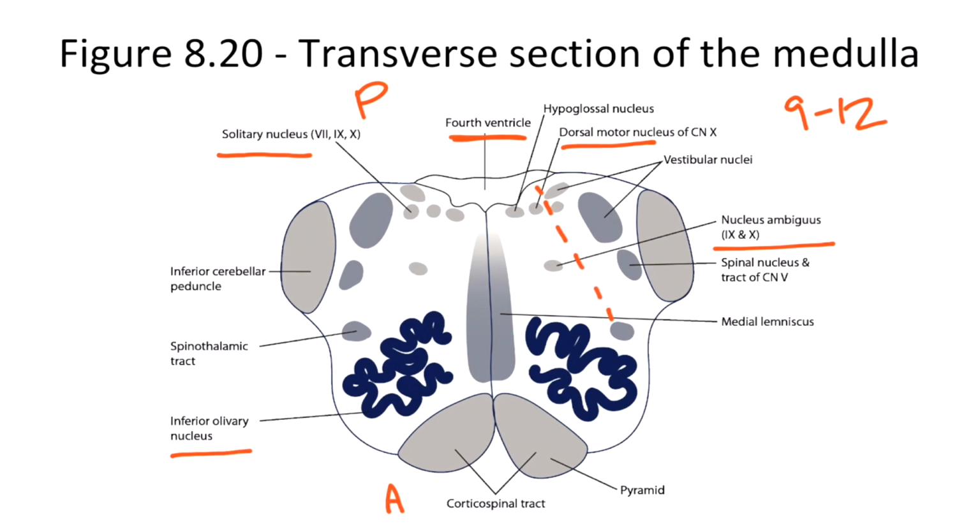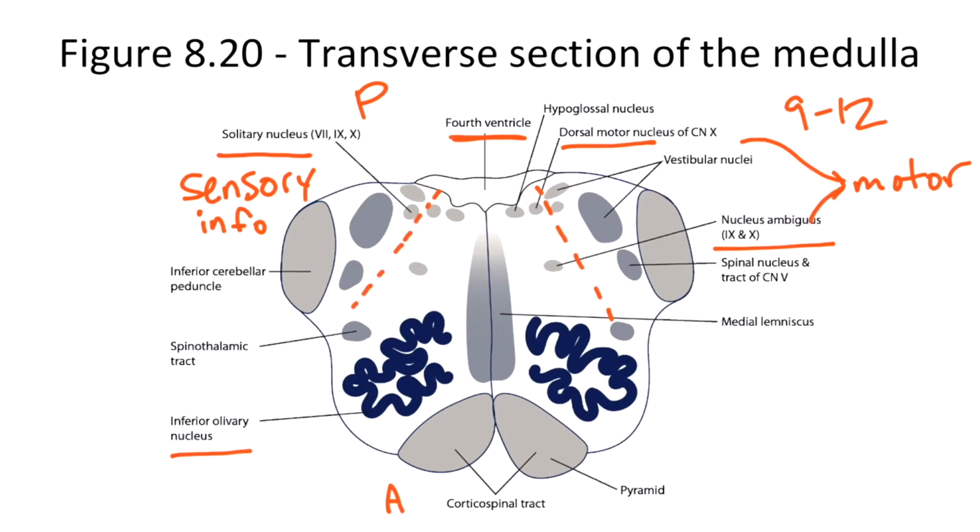Using this trick, we can easily deduce that the solitary nucleus must be involved in processing sensory information, as we just discussed, and also that the nucleus ambiguus and dorsal motor nucleus must be involved in processing motor information. So motor. Again, the sulcus limitans is about right here.